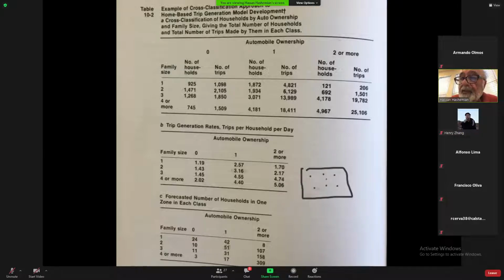So all these households, we categorize based on whether they have a car or not, and how many people are living in the household. So these are the number of households. 24 is the number of households with no car and one person in the family. Now, how many trips does that category make based on the data we have?